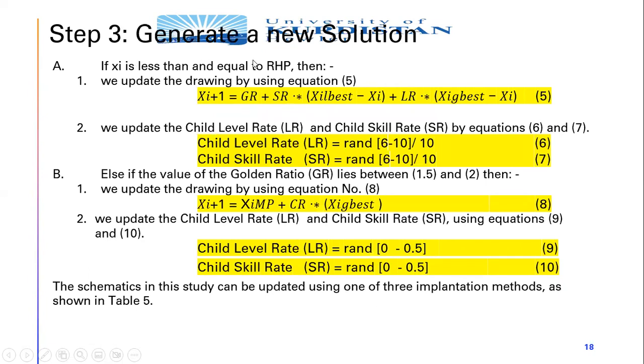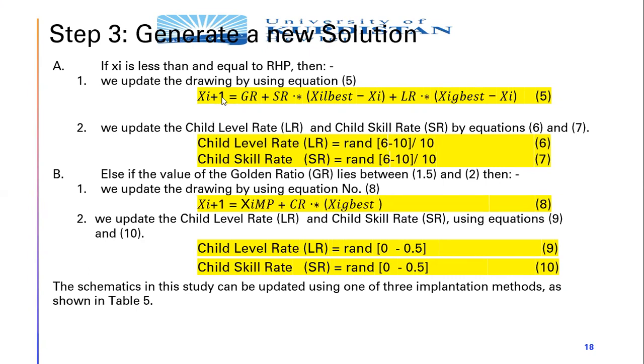Then in this step, we have new solutions. If xi, one of the dimensions of each solution, is less than or equal to random hand pressure, then we use equation 5 to update the position of the drawing, where only one dimension changes.